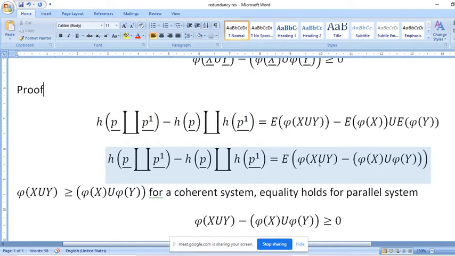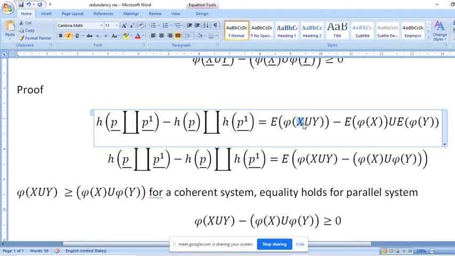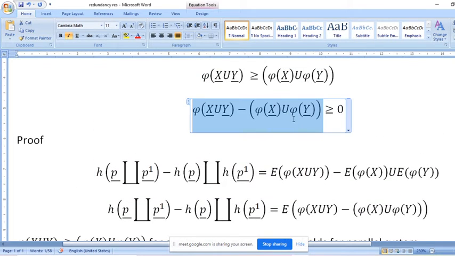What will be the next step? Yeah, left side will be equal to expectation of phi of x union y. This is actually a vector. Let us use this information.